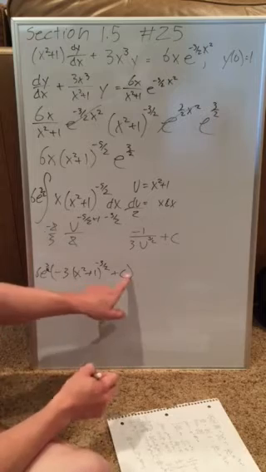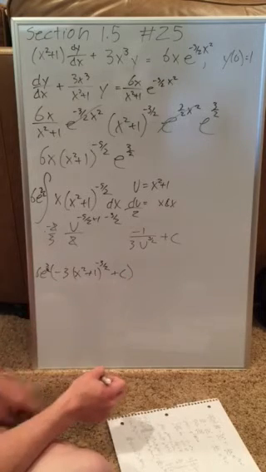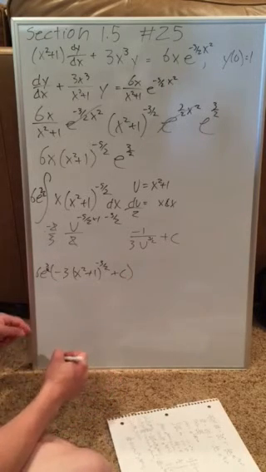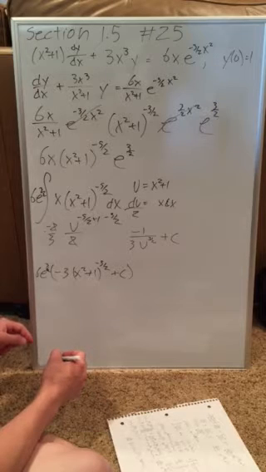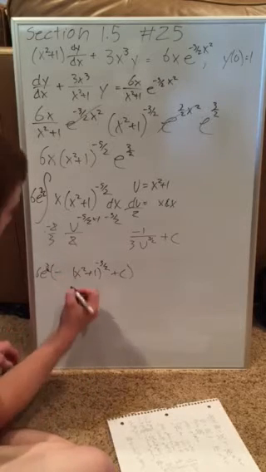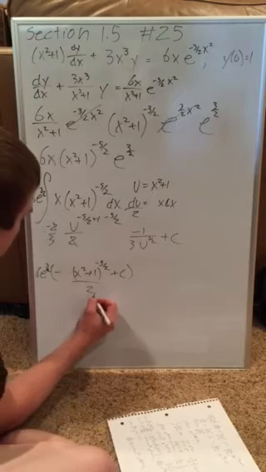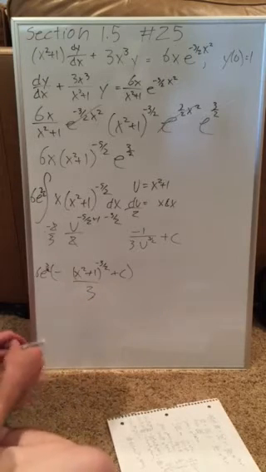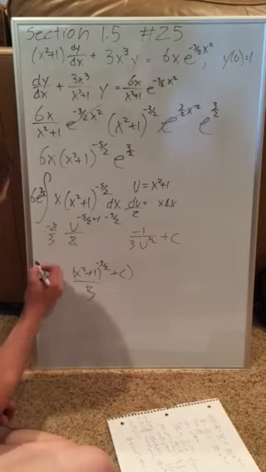Remember that when you're multiplying constants on a constant, our c will remain the same. So in the end, this will just be 1 over 3. I was getting ahead of myself because this actually will cancel off and make it 2.